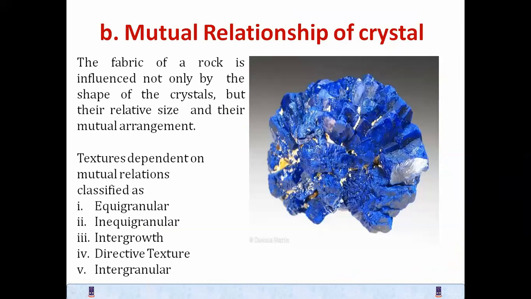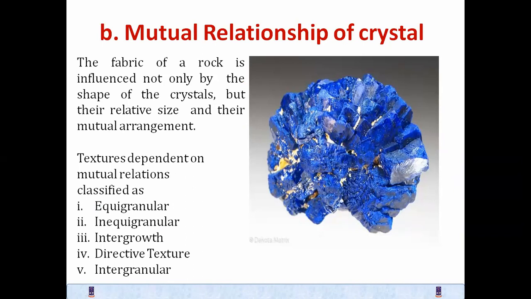Now these are the types of texture depending on the interrelationship between crystals. क्रिस्टलची एकमेकाशी असलेली इंटर रिलेशनशिप कशी आहे, ते एकमेकाला कसे बाउंड झालेले आहेत, एकमेकाला कसे अटॅच झालेले आहेत, त्याच्यावरती मिनरल रॉकचे आणि टेक्स्चरचे काही टाइप्स पडतात.